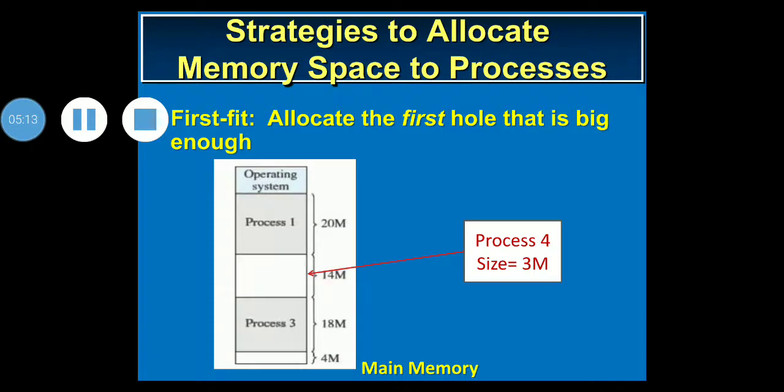If any new process, process 4, with the size requirement 3M arrives, then the first free block, that is hole of 14M, is allocated to this process. Hence, the 14M block is divided into two parts, 3M used for process 4, whereas 11M as a free hole.